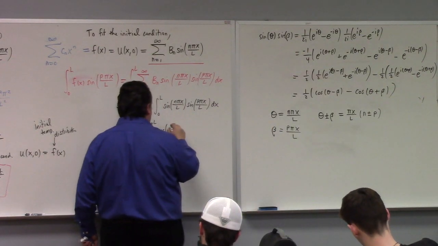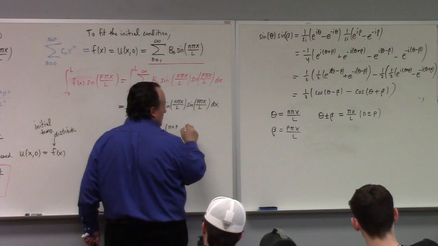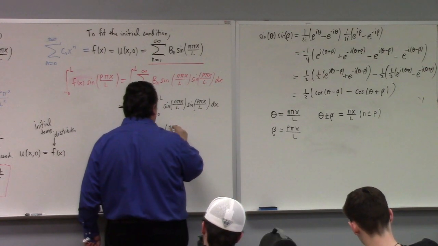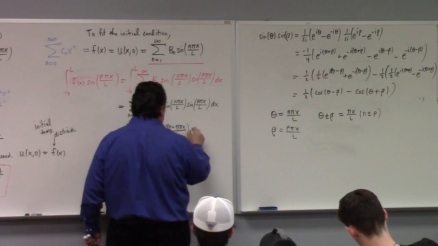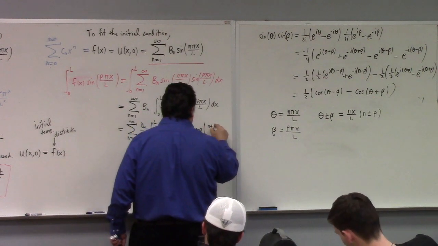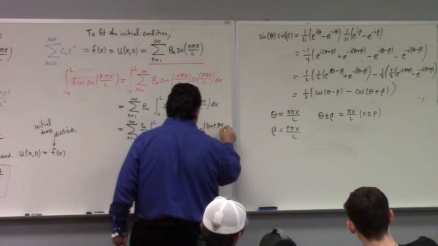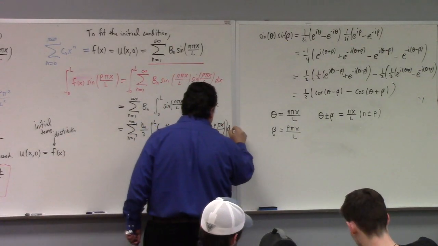So we get n plus a p, my bad, n minus a p, pi x over L minus the cosine of n plus a p pi x over L, all dx.